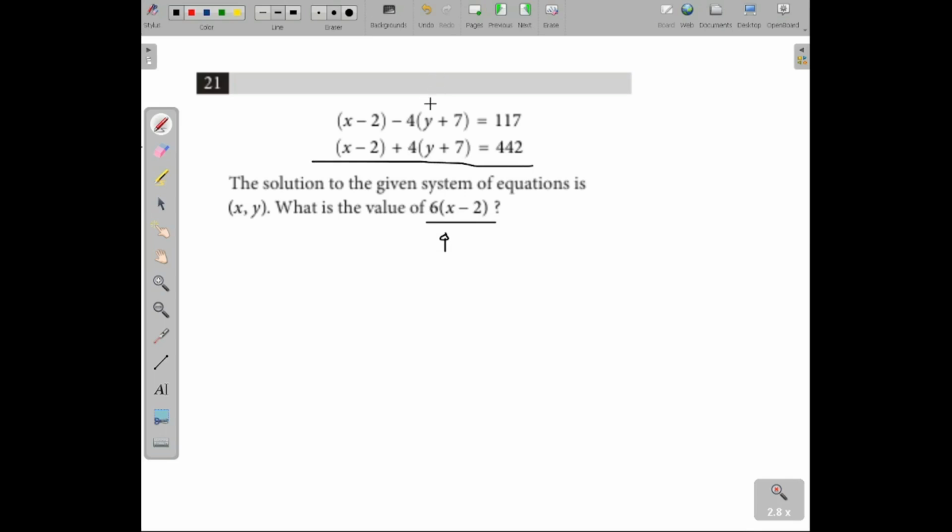And if we look at this term, 4 times parenthesis y plus 7, and this other one is the same, but with a different sign. If we just add both equations, we'll obtain a 0. We'll cancel out this, will become 0.